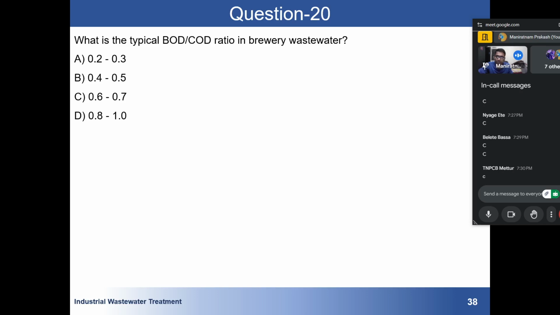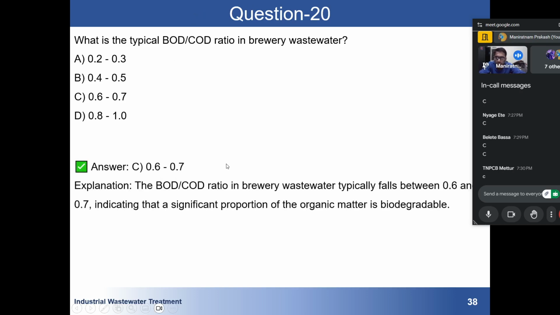Anyone? I have got answer C, 0.62. I'm searching for one famous example. Generally, the answer will be C, that is 0.6 to 0.7.